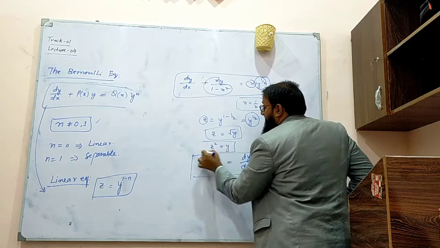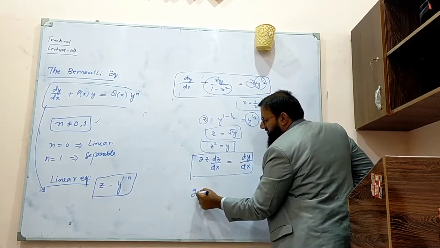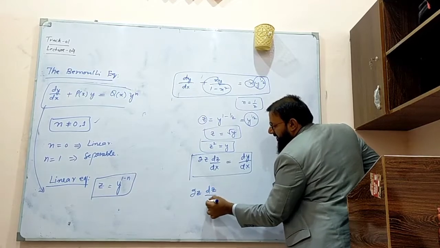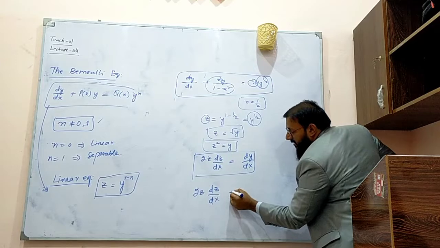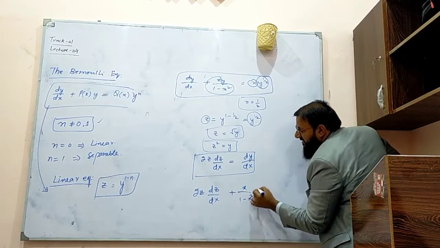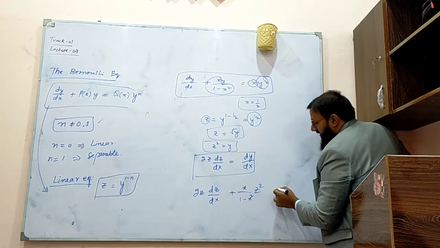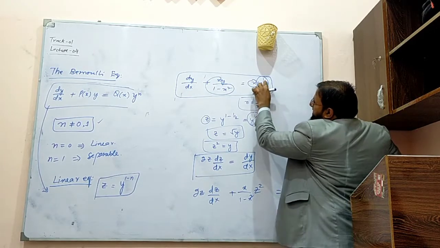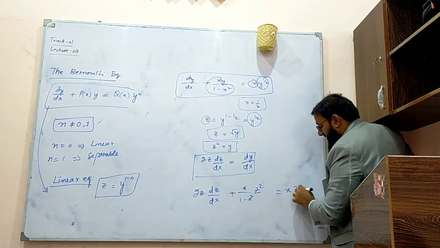So let's see what happens after these transformations. We have every transformation at our hand. dy by dx is equal to 2z dz by dx, plus x over 1 minus x square, which remains, times y, which is z square, equals x times y power 1 half, which is only z.